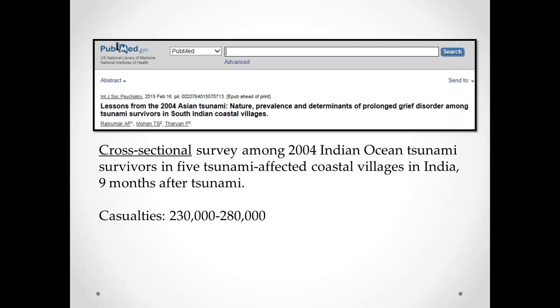Casualties were between 200,000 and 280,000, or even close to 300,000 people. So this is a third study design that's possible, a cross-sectional survey, either during or right after an event. Here it was right after.